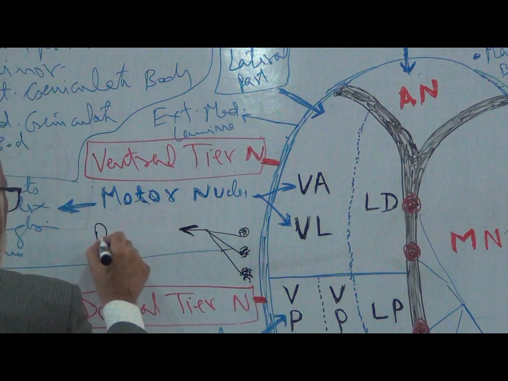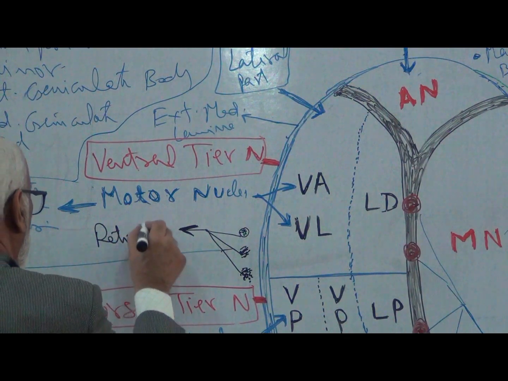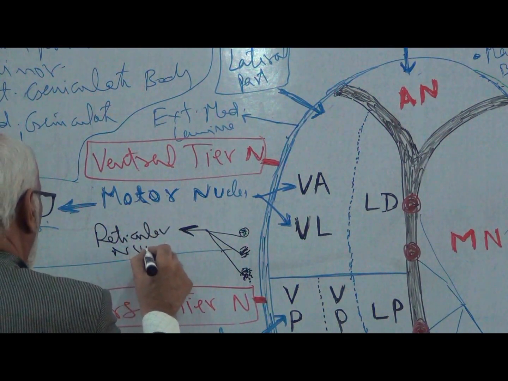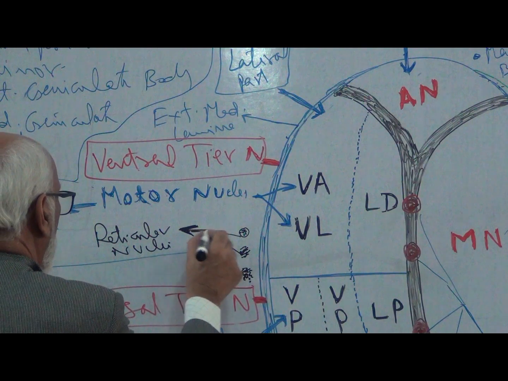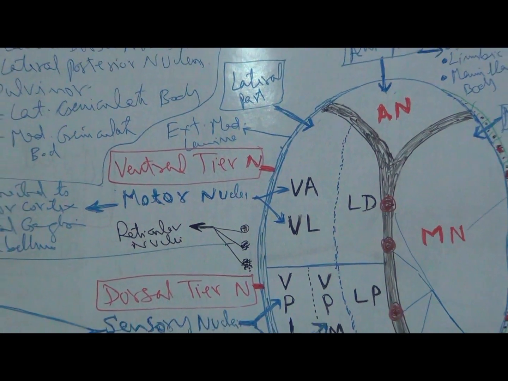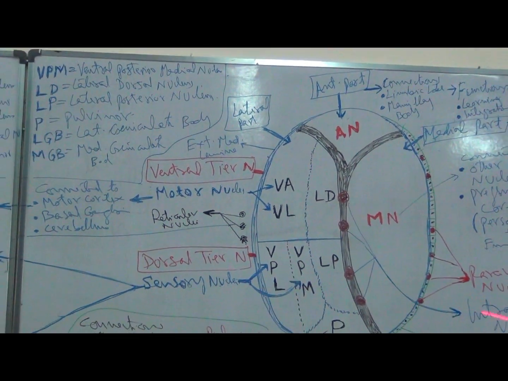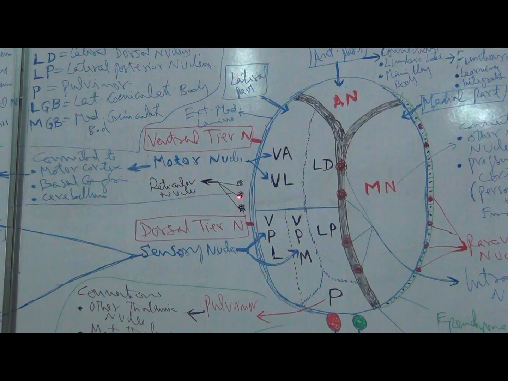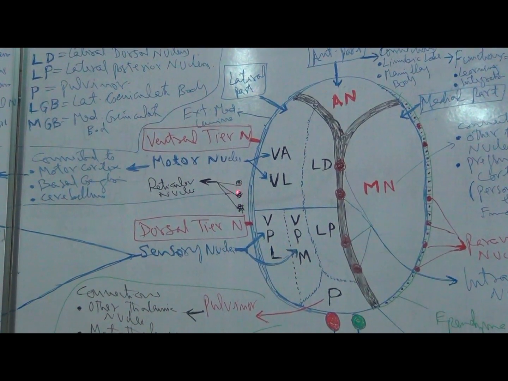These are reticular nuclei. So this diagram shows both major nuclei and the minor nuclei in the form of paraventricular nuclei, intralaminar nuclei, and reticular nuclei.